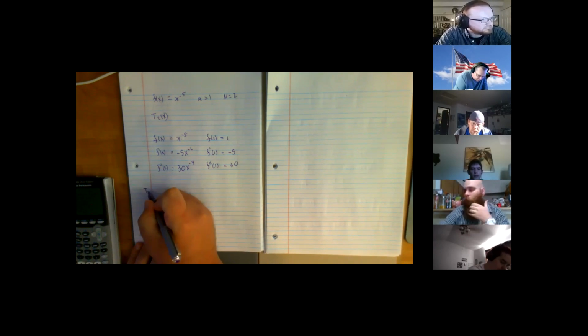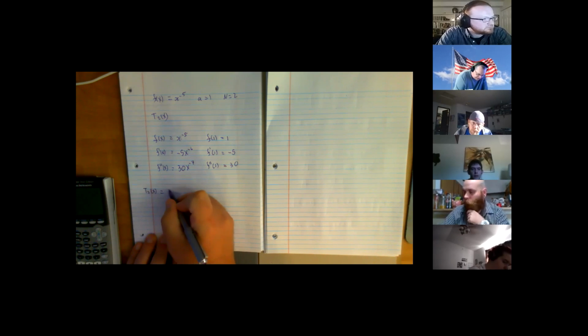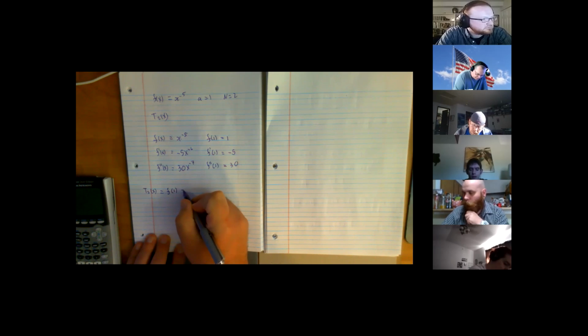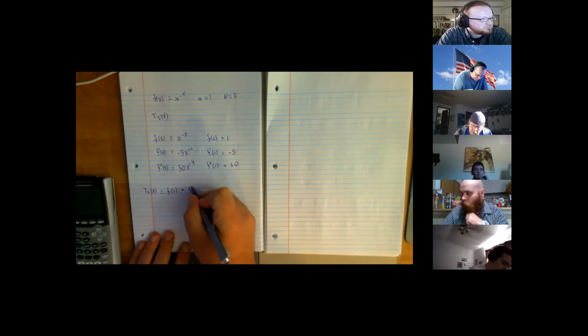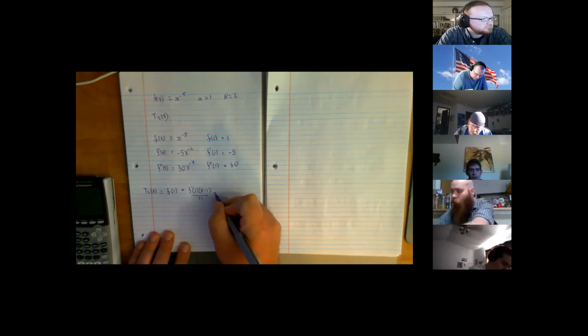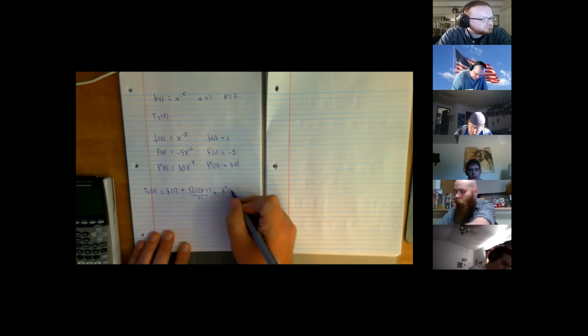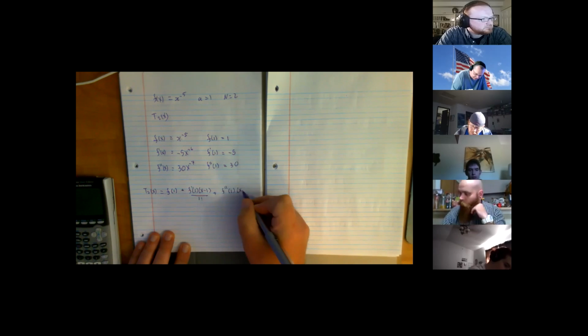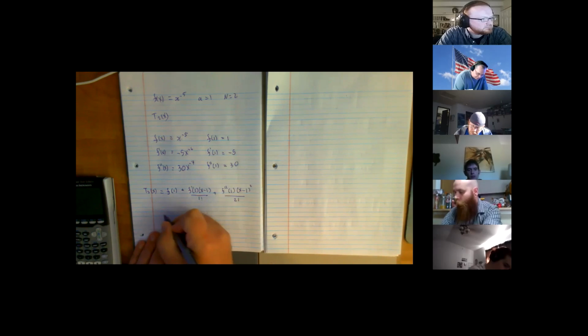Now to get T2 of x, in this particular version, it's going to be f of 1 plus f dashed of 1, x minus 1 over 1 factorial, plus the second derivative of 1, x minus 1 squared over 2 factorial.